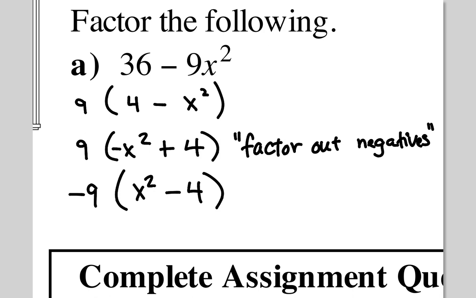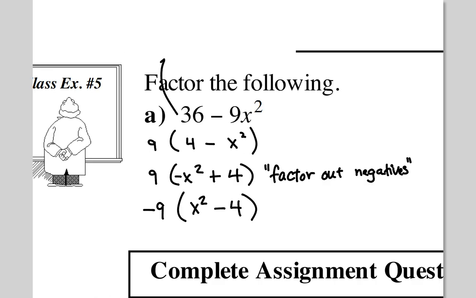So I could have done this question a little bit differently right off the hop. I would have said, well, I noticed that the lead coefficient, you guys know what I mean by that? It's the coefficient on the term with the highest degree. It's negative. If the lead coefficient is negative, I will probably factor out that negative.